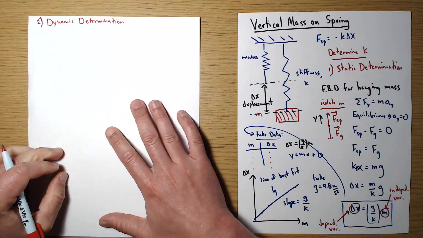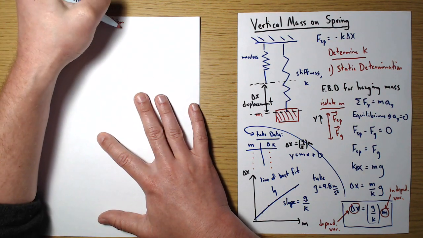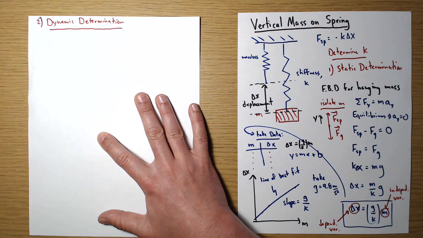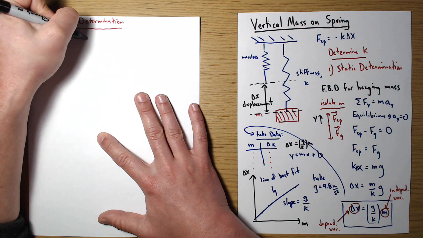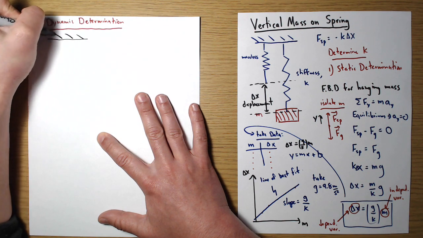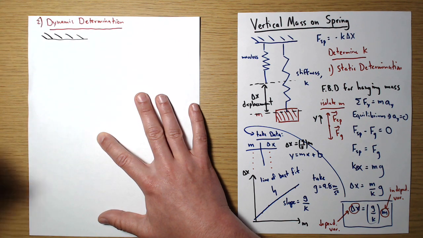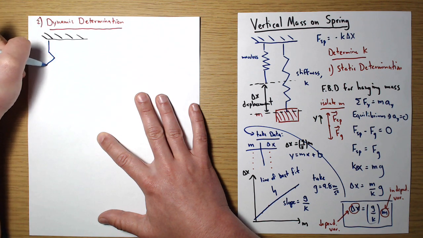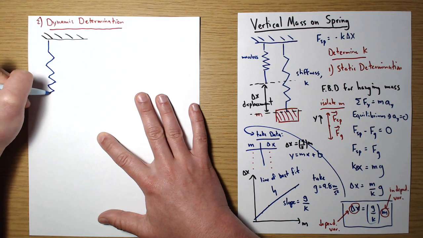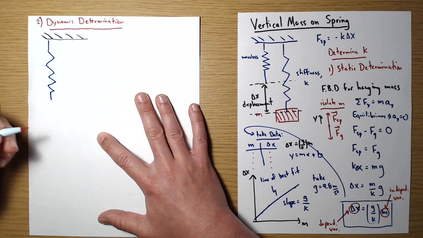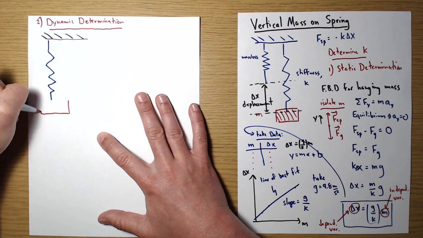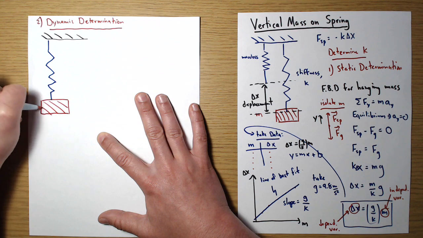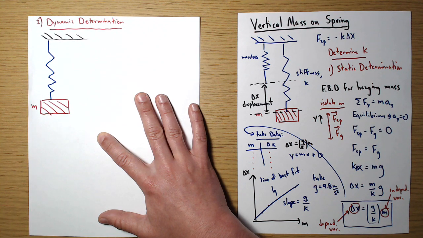And for this scenario right here, I'm going to start out with the same picture of a mass on a spring. And in this case, I'm just going to fix the mass.